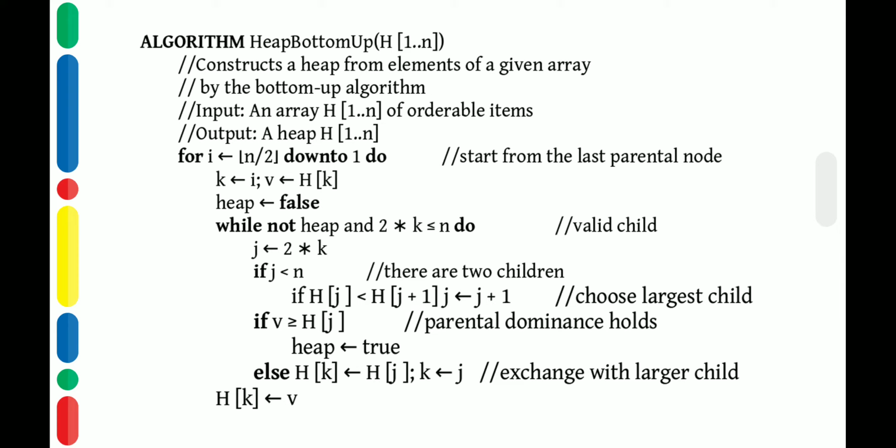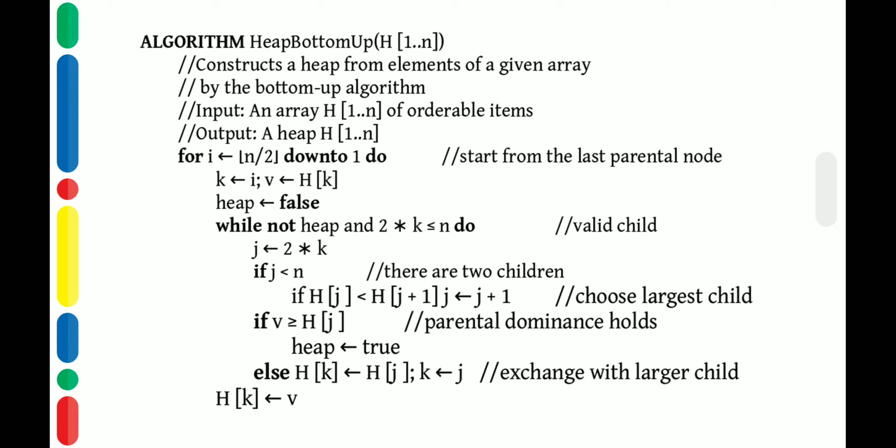If you look at the properties of the heap, if there are n nodes in the heap, the position of the last parent will be at n by 2. Since we want to start our algorithm from the last parent, we initialize i to n by 2, and we proceed the algorithm till we have reached the root, which is at position 1.